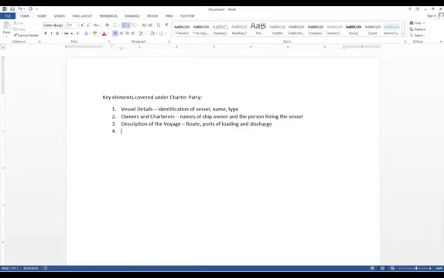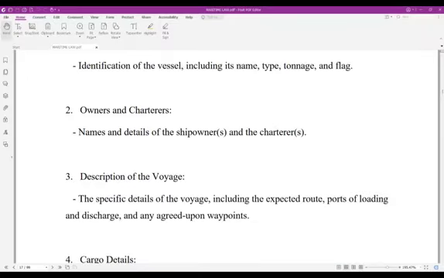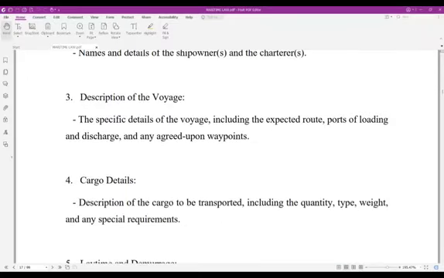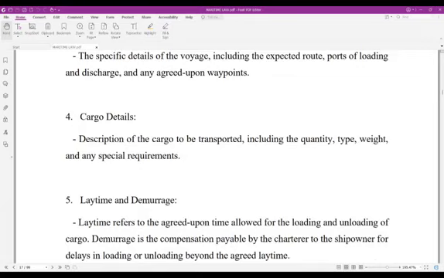Another point here is the cargo details.